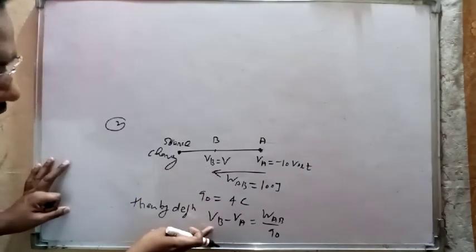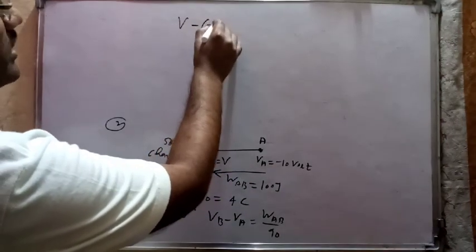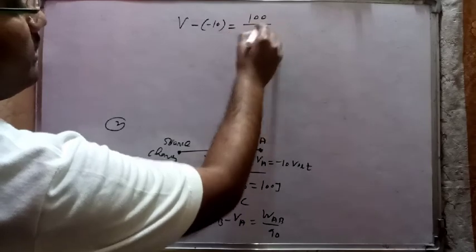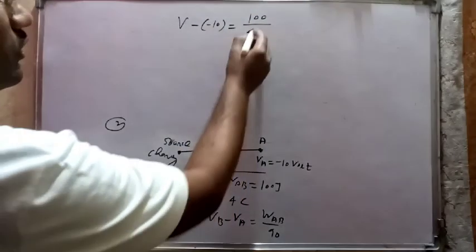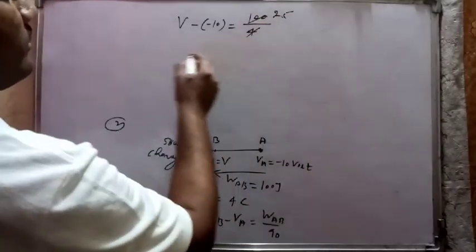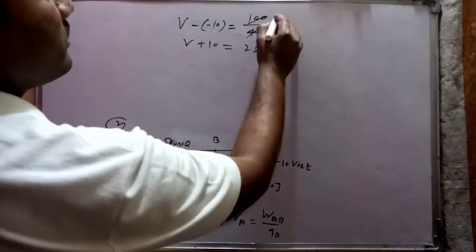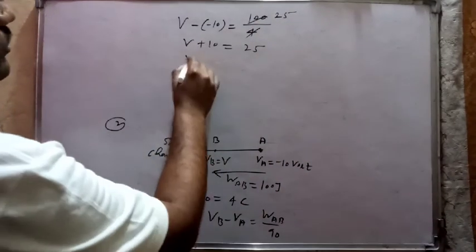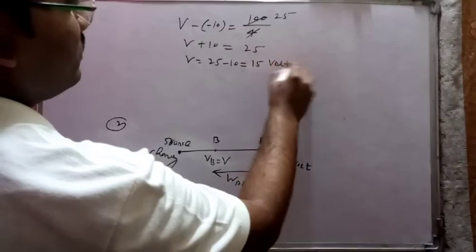VB is equal to V and VA is equal to minus 10. That means V minus 10 equals 100 divided by 4. Now this one is 25, and V plus 10, that means 25, and V is equal to 25 minus 10, that means 15 volt.